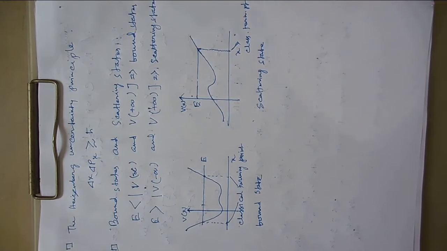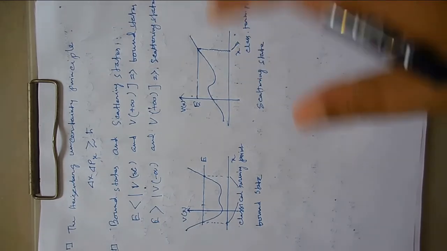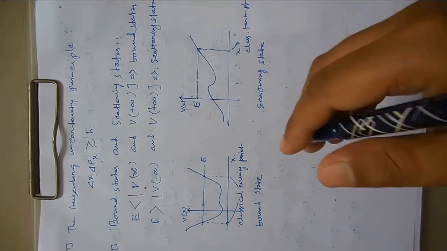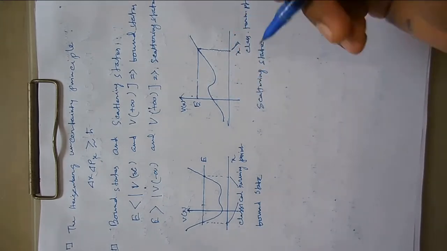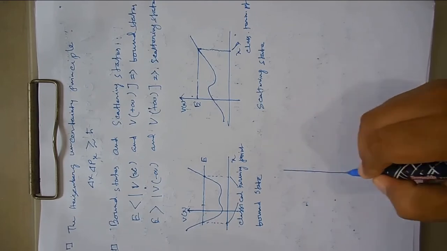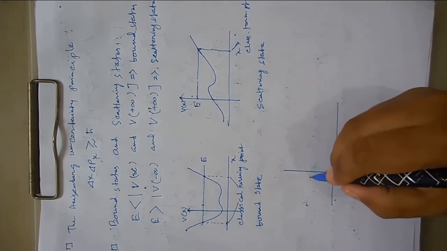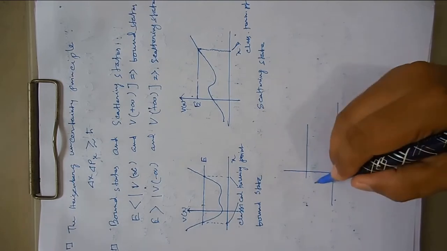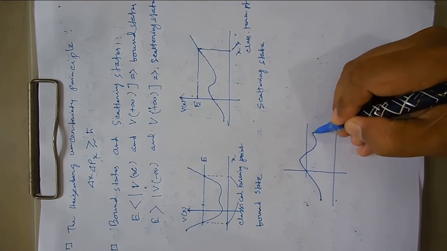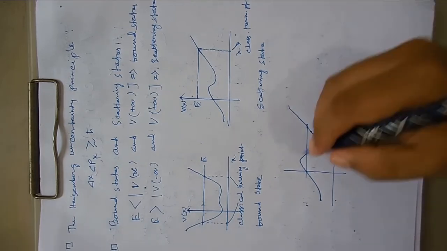I think now it is clear to you what a bound state is. Another interesting thing in quantum mechanics is the tunneling effect. So what is that? Suppose the case is like this. Let me draw it first.